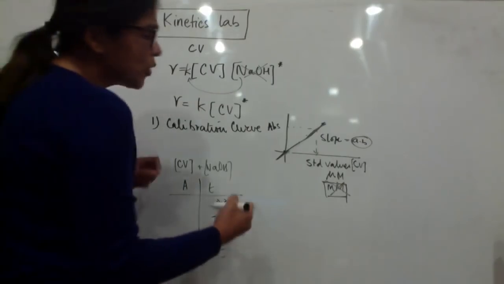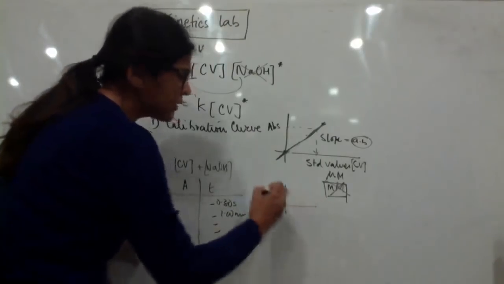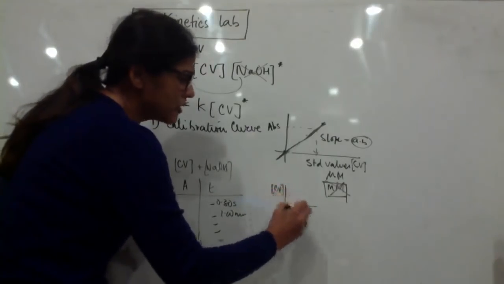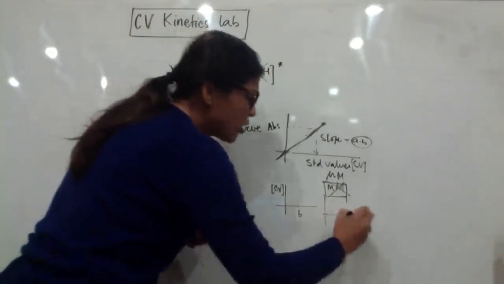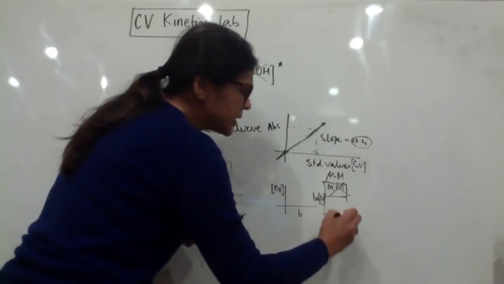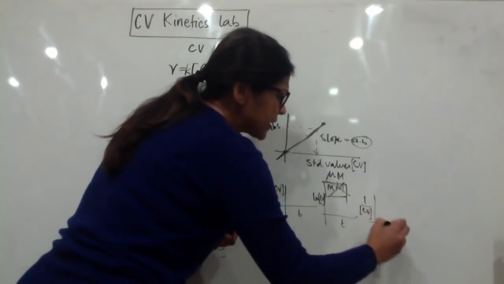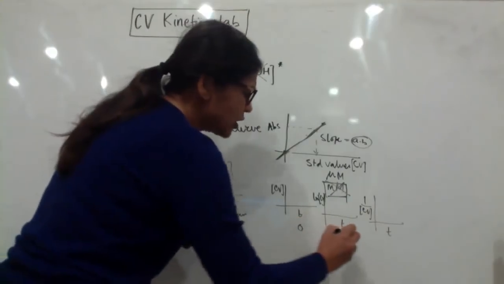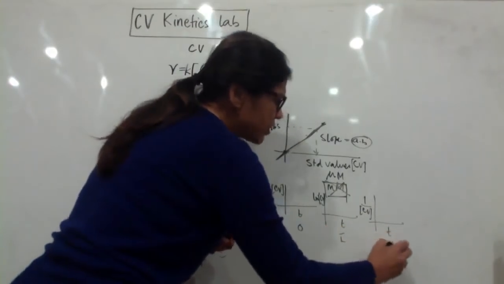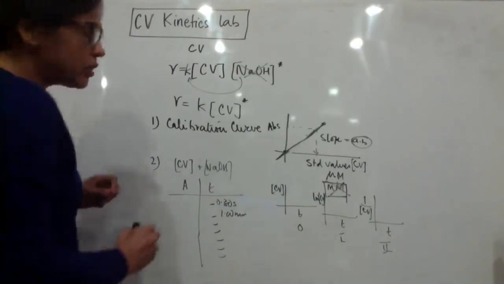But to know the order with regards to crystal violet, you need to plot a graph of concentration of crystal violet against time, or natural log of concentration of crystal violet against time, or 1 over concentration of crystal violet against time. This is for zero order, first and second. Whichever gives you the best linear regression, that is how you determine the order.